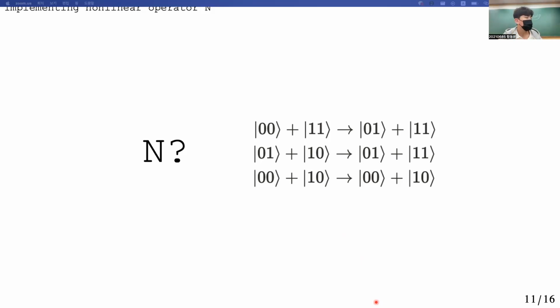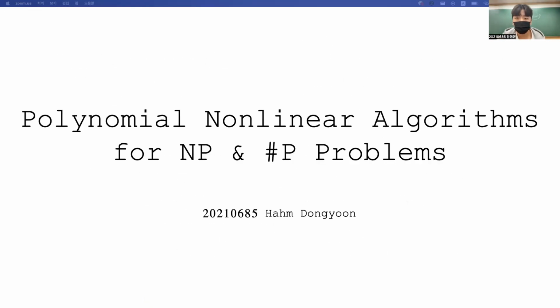So I don't know how it would be implemented on a real quantum computer, but maybe it is not so hard. So we can use this one to implement this function.